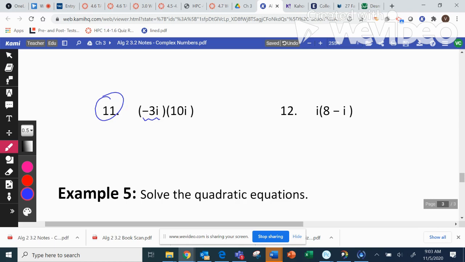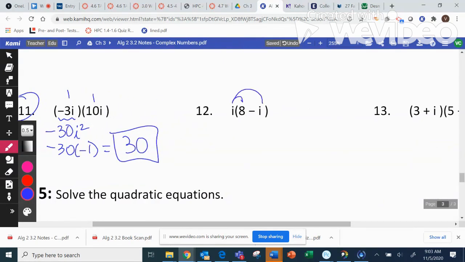Thank you for yelling that out. 1 term. How many terms we got sitting here? 1 term. There's no distributing. It's literally just multiply the stuff together. Negative 30, i to the second. Is that my final answer? No. Negative 30 times negative 1, which is positive 30, is my final answer.